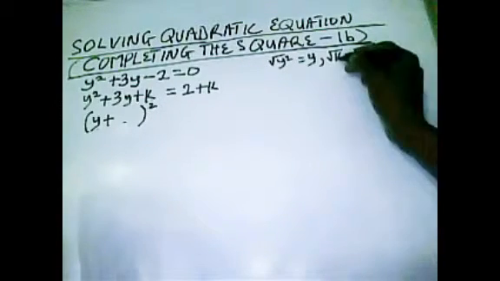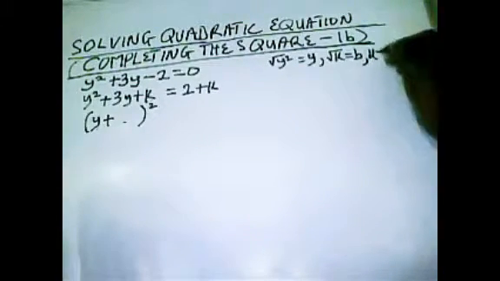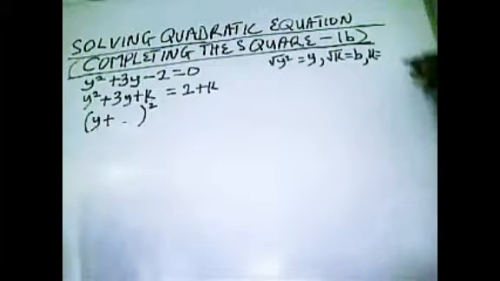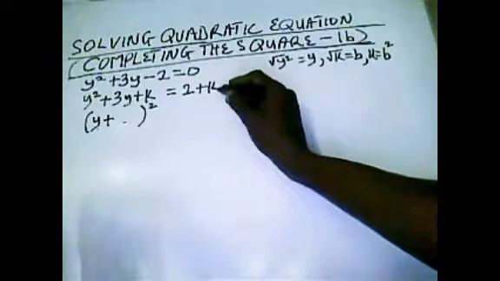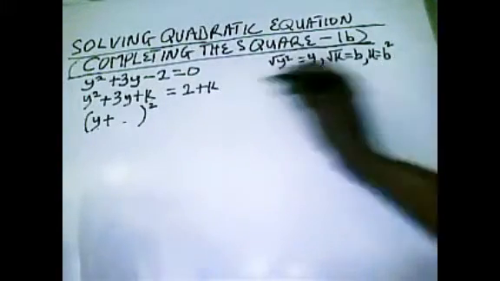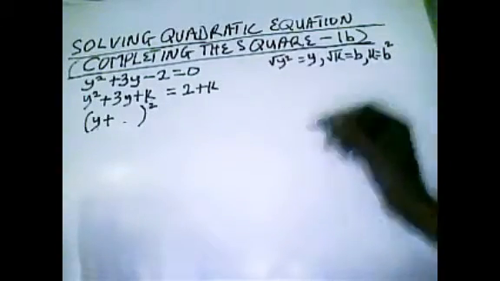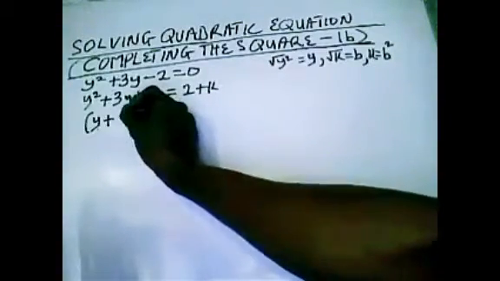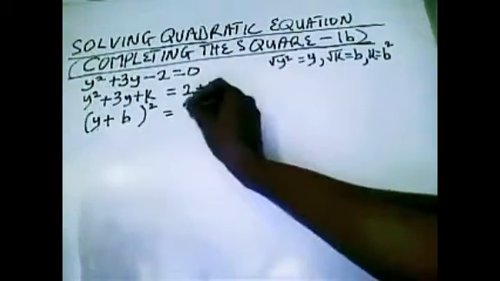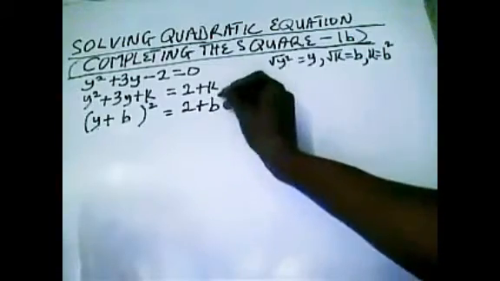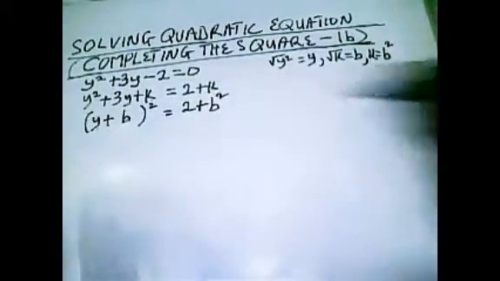If we are to look for k, that means we write it as b squared. So where I have k here, I'm going to write b squared. So here we write our b, and then equals 2 plus b squared.